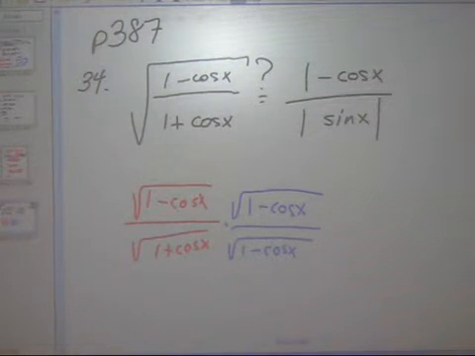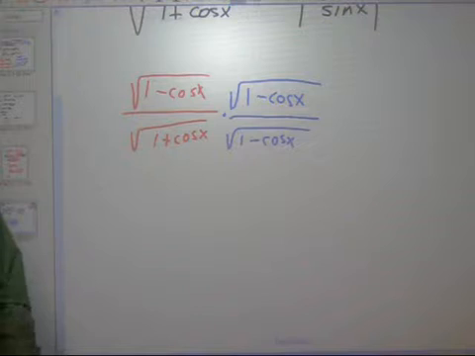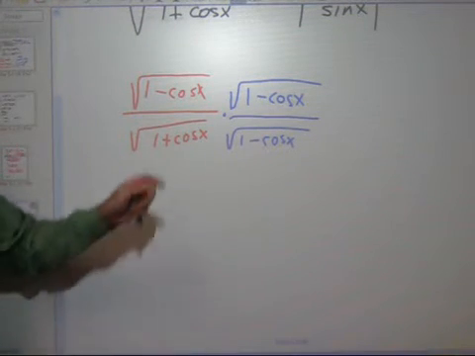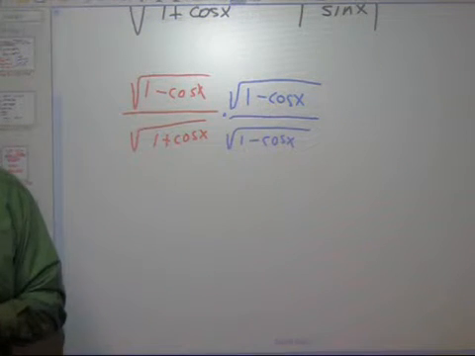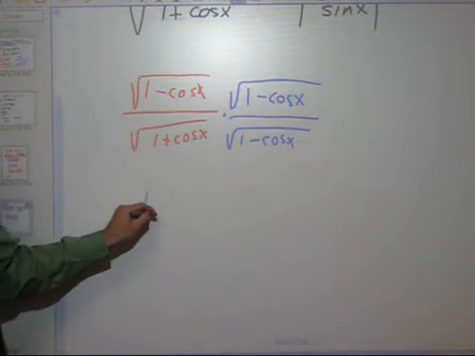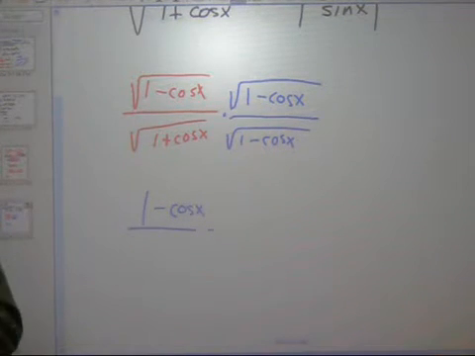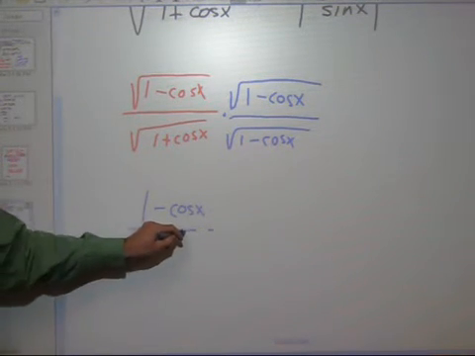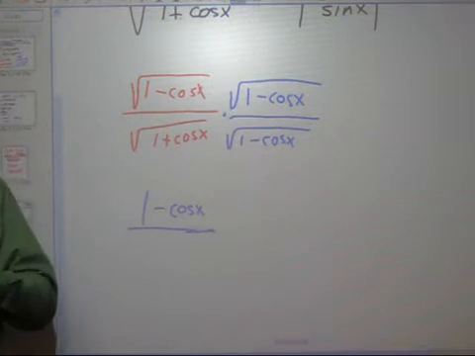So if I take the square root of something times itself, what is my result to that? A quantity that says there's a square root times itself, what happens to the square root parts? So I'm left with 1 minus the cosine of x. Now in the denominator, I've got 1 plus the cosine of x and 1 minus the cosine of x both under that root.